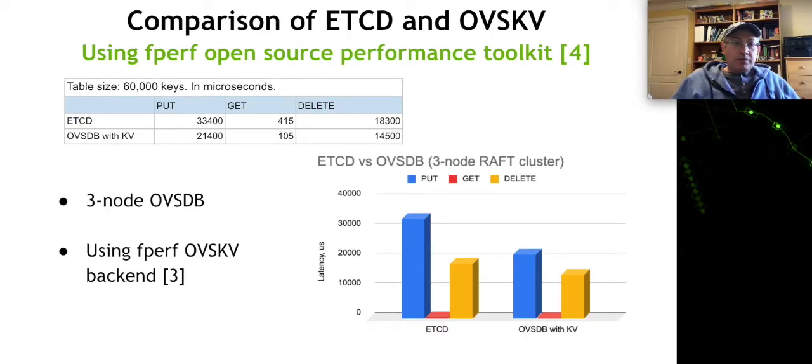But if you compare with a 3-node RAFT cluster, OVSDB is still faster even on the put and delete operations. It's actually faster than etcd, which is the result of write operations and optimizations that we've done over the years. And in the case of RAFT, on the read path, we're actually 3 times faster, or even more, close to 4.